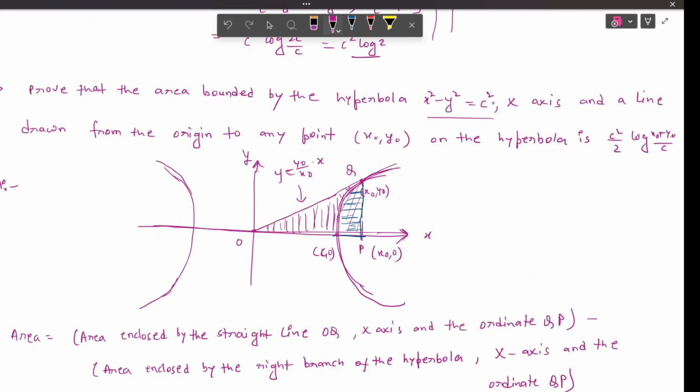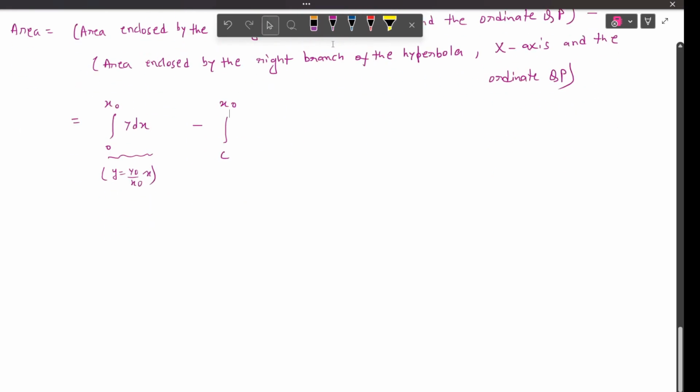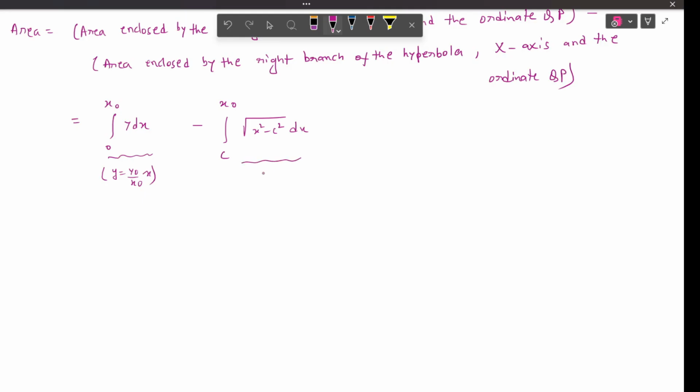Here x square minus y square equals c square. That means y square would be x square minus c square, and y would be square root of x square minus c square. So this would be square root of x square minus c square into dx. And this area is bounded by the curve x square minus y square equals c square.